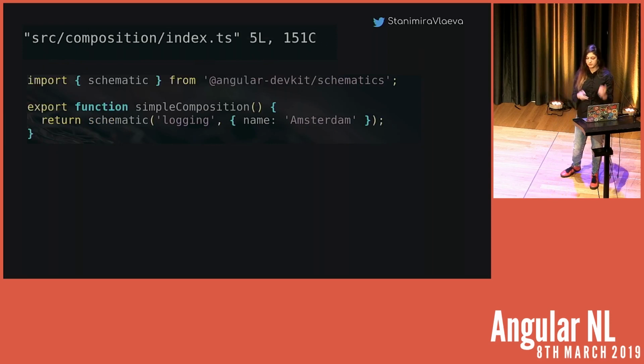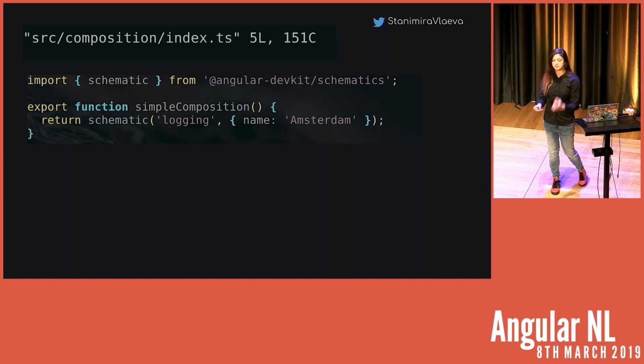So in some other schematic or some other script, we can use the schematic rule, which is provided by Angular dev kit/schematics. And by using the schematic rule, we can provide as the first argument the name of the schematic that should be executed, and as a second argument, some options.